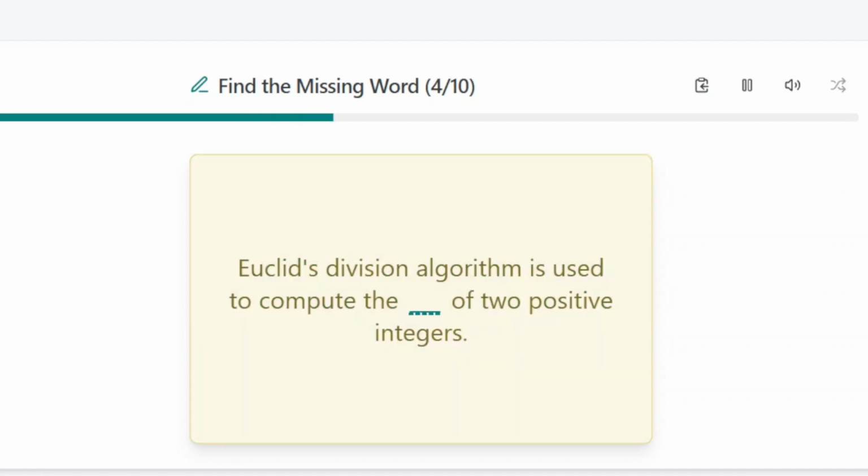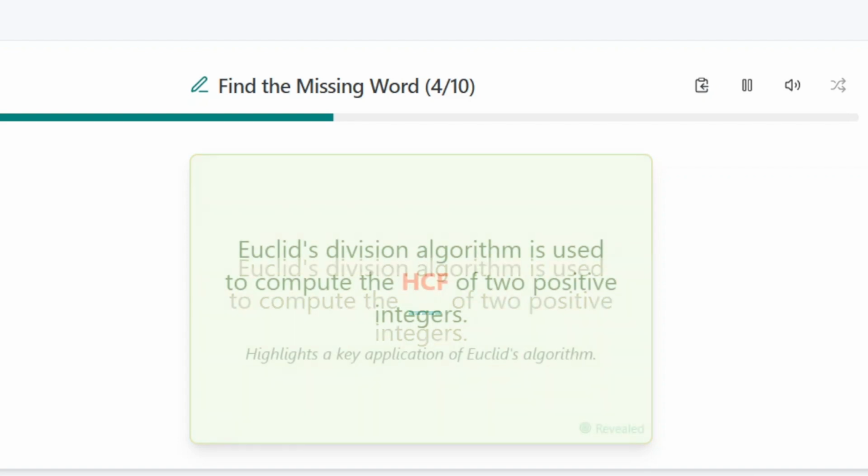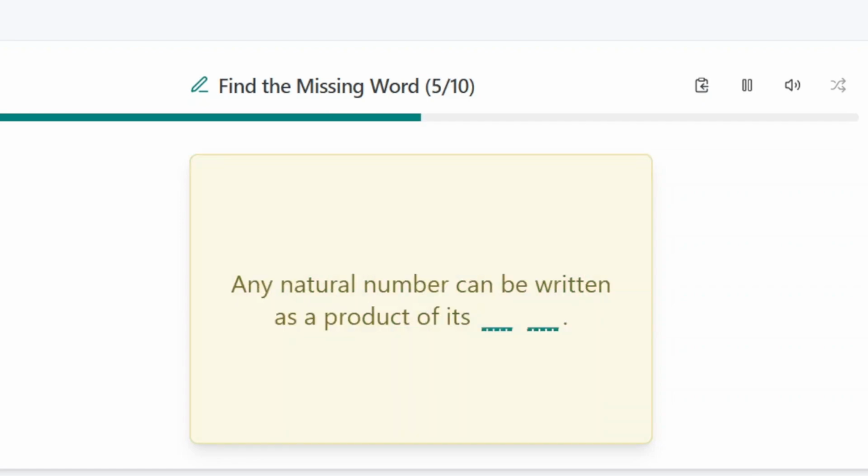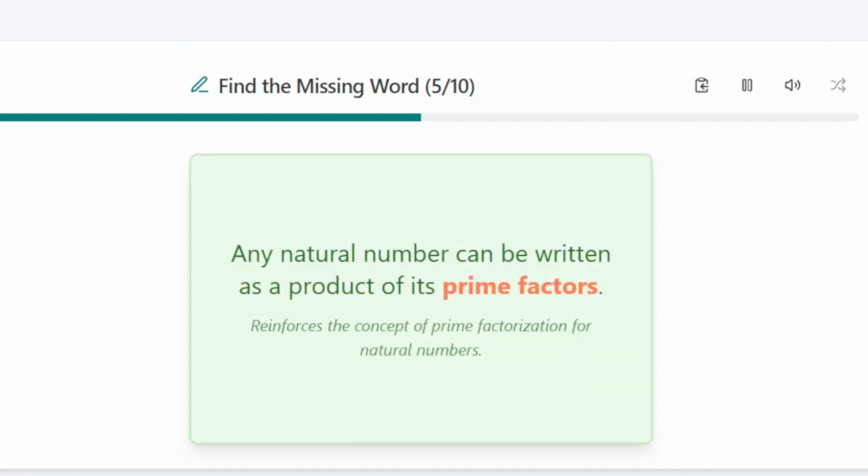Euclid's division algorithm is used to compute the blank of two positive integers. HCF. Explanation: highlights a key application of Euclid's algorithm. Any natural number can be written as a product of its blank blank. Prime factors.